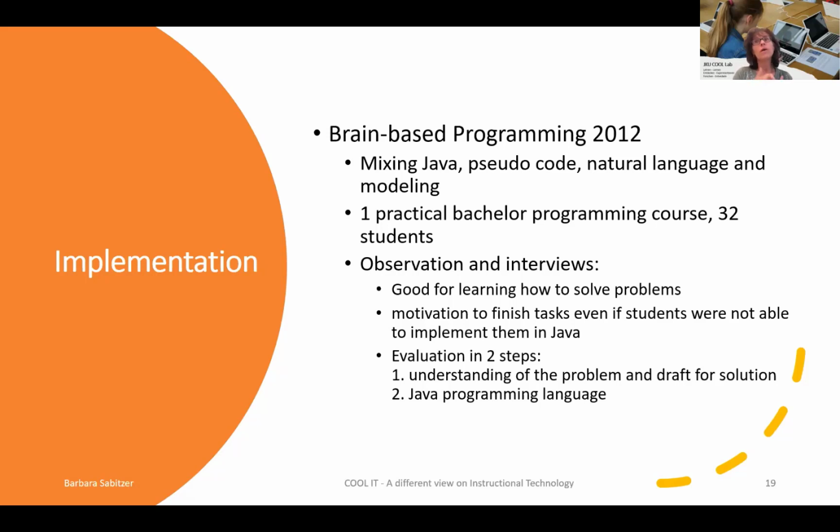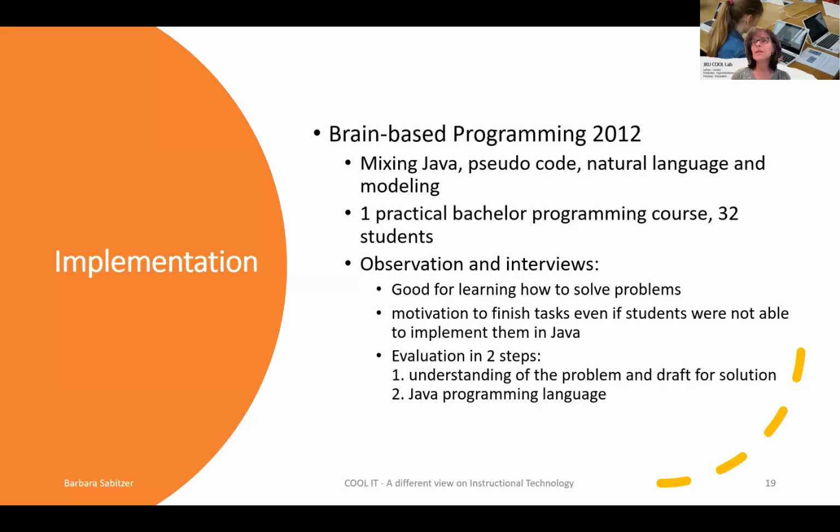That was only in one bachelor programming course with 32 students. In the observation and interviews, they told me that they found it a good learning method, a good way of solving problems. The motivation to finish the tasks, even if students were not able to implement them really in Java code, was higher.